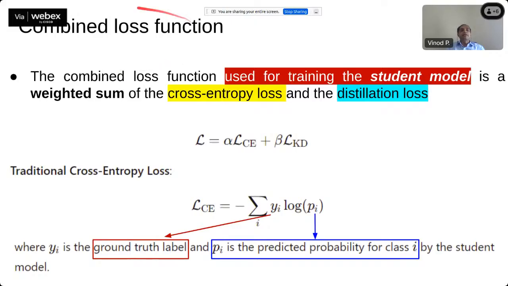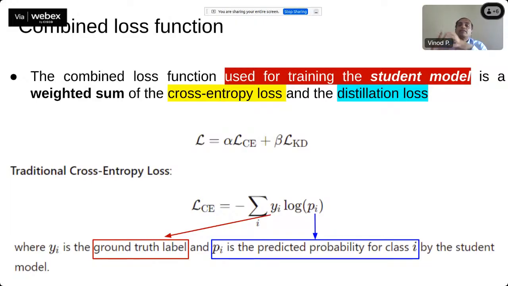So, as I said, in knowledge distillation, the student model is trained with two loss functions. The first loss function is called the cross entropy loss, which is shown here by the symbol L subscript CE, and the second is a distillation loss, which means that effectively we would like to minimize the difference between the probability distributions of the output of the teacher and the student model.